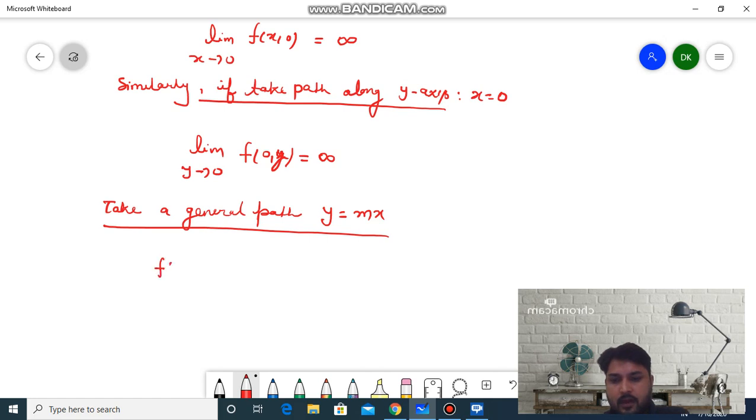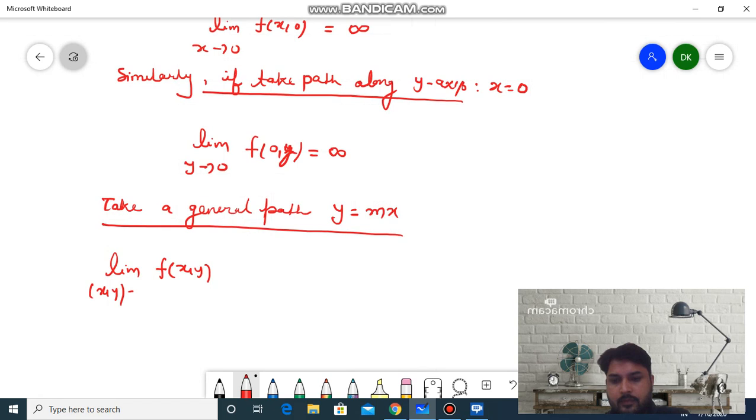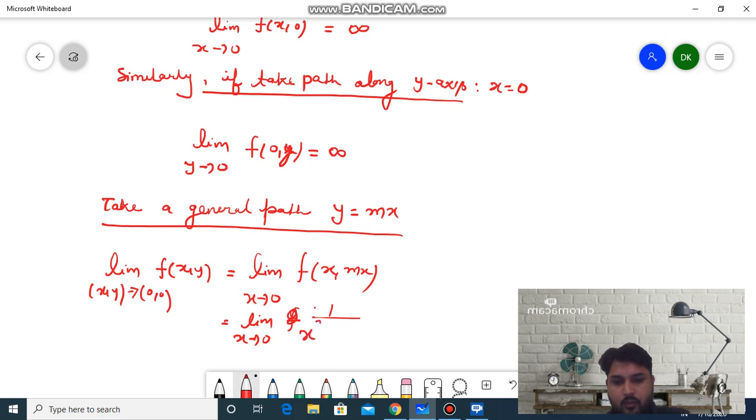So along the path y is equal to mx, the limit as (x,y) tends to (0,0) of f(x,y) will be equal to the limit, in place of y we will use mx, so it becomes the limit as x tends to 0 of f(x,mx), which is equal to the limit as x tends to 0 of 1 upon x square plus m square x square, and taking the limit as x tends to 0 it becomes infinity.